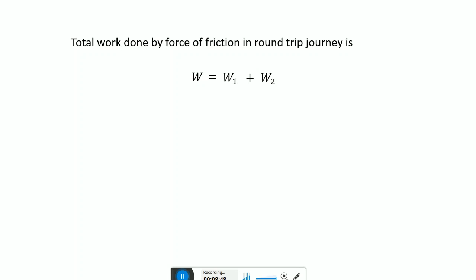Putting the values of W1 and W2, we get W is equal to minus mu mgS minus mu mgS, which is equal to minus 2 mu mgS, where S is the distance between positions A and B. As W, that is the total work done, is equal to minus 2 mu mgS, that is not equal to 0, or non-zero.